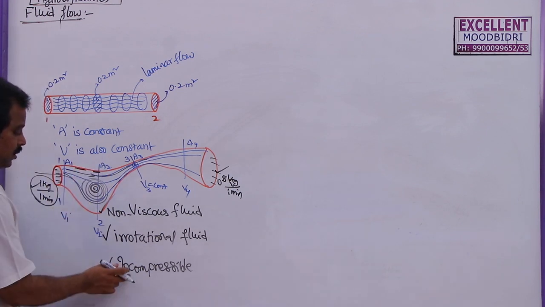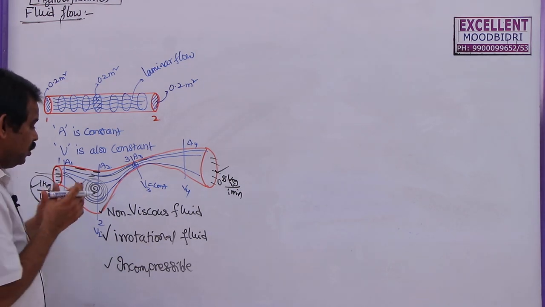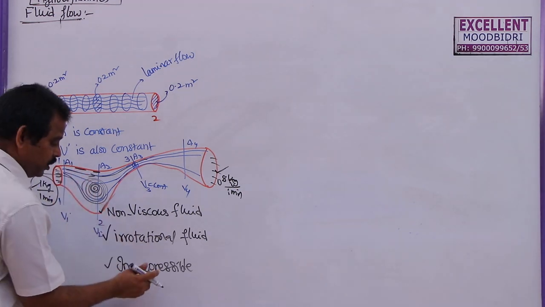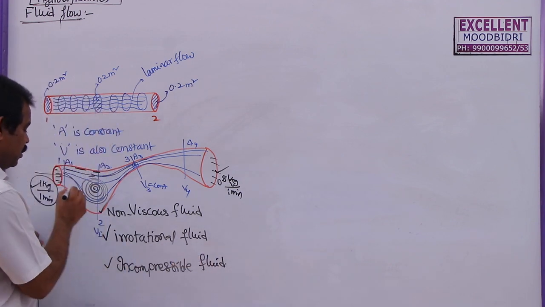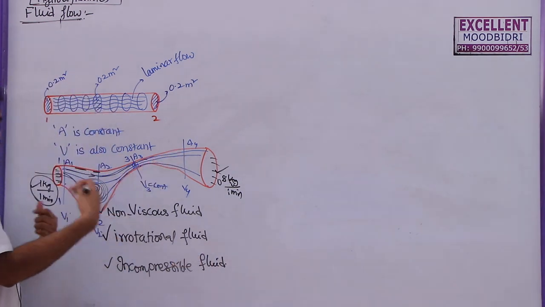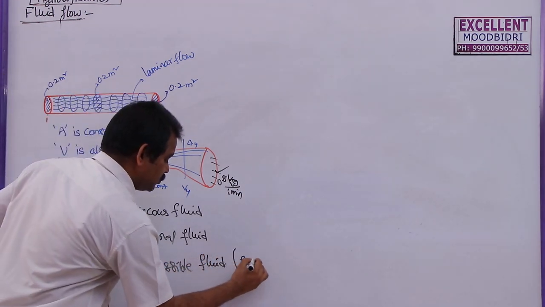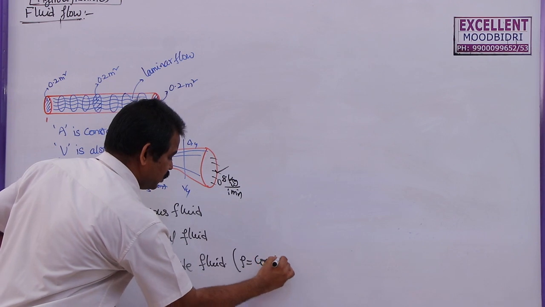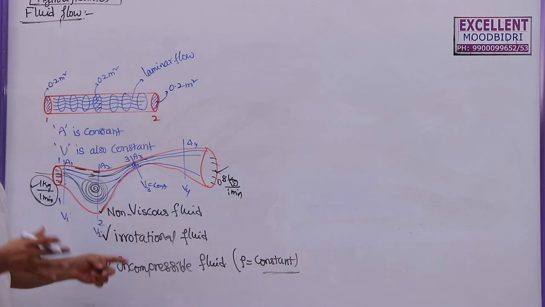But incompressible means we cannot compress it. If you consider fluids which are incompressible, from point to point the velocity may change, the area may change, but the density remains constant for incompressible fluids. This you have to remember. Whenever density changes, they can be compressed easily.